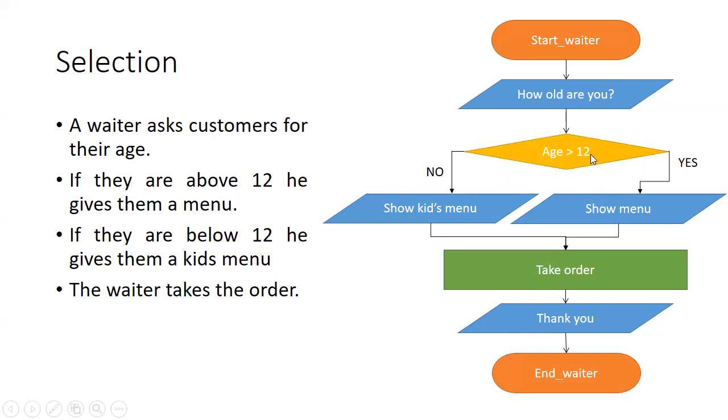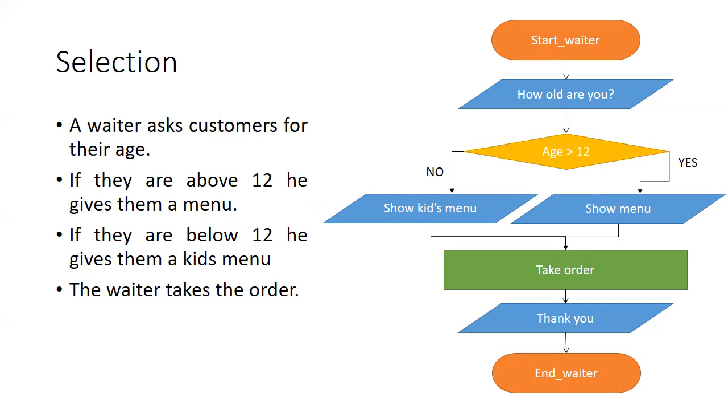And if the person is more than 12, we show them a normal menu. So here we have two mutually exclusive things. You're going to get one menu, but it depends on your age. If you're more than 12, you get the normal menu. If you're less than 12, you get the kids menu, but you don't get both.